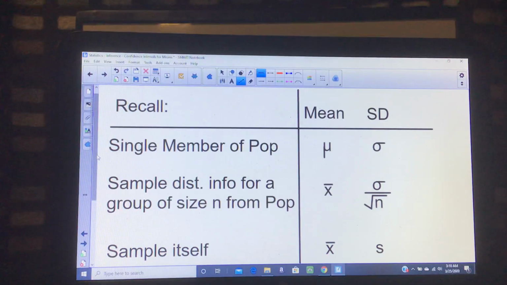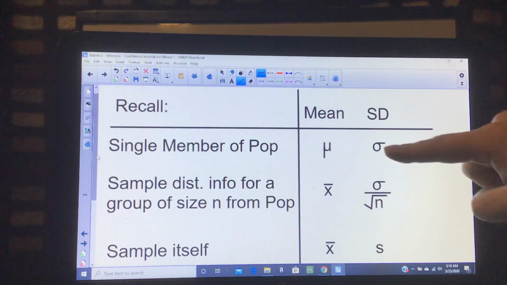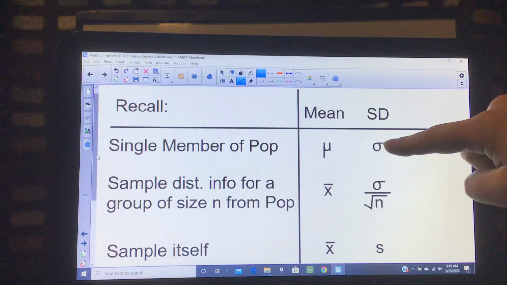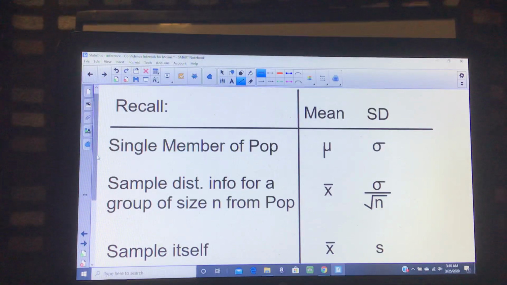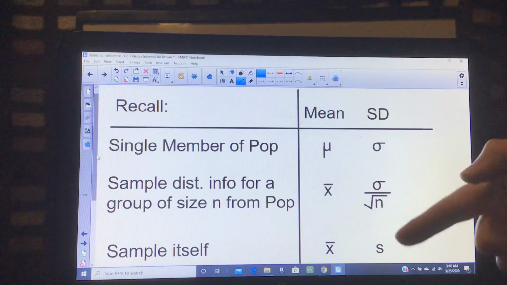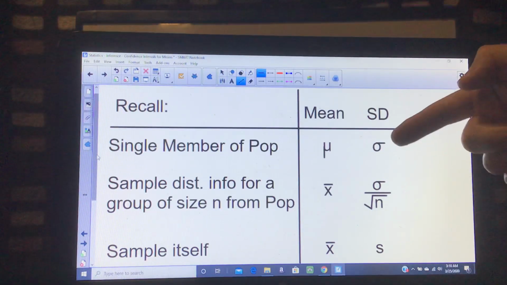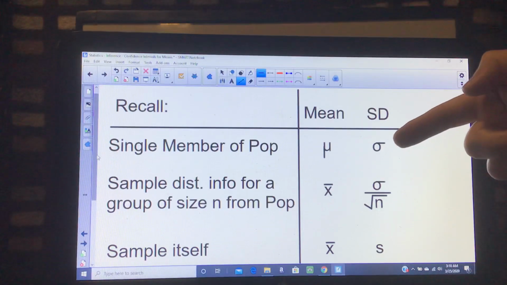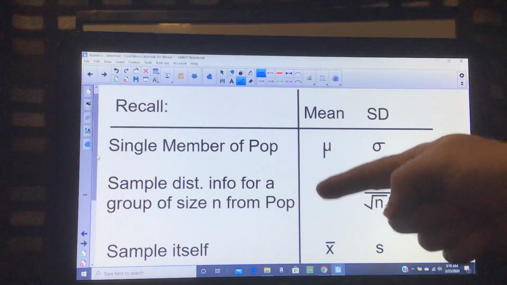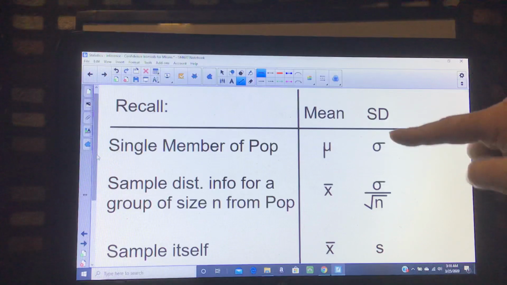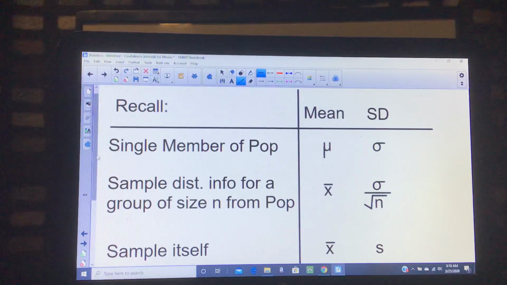It can be unique to the sample itself, and it might match this, but it might not. So the problem here is that the sample itself has its own standard deviation, different from the population standard deviation, and also different from how far the mean can escape from here. So these are three different measurements. They each measure a different thing.